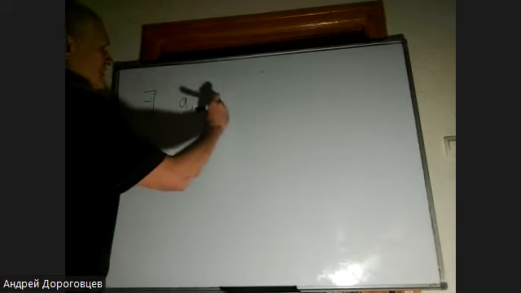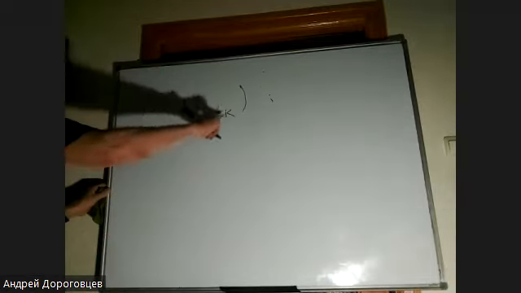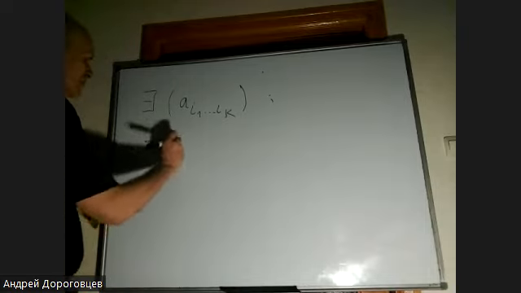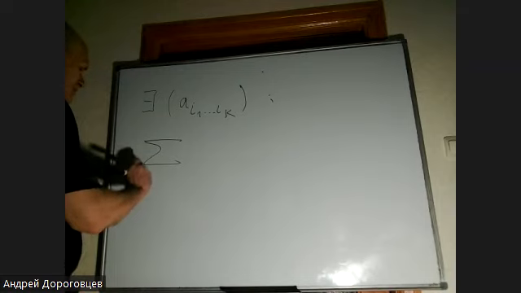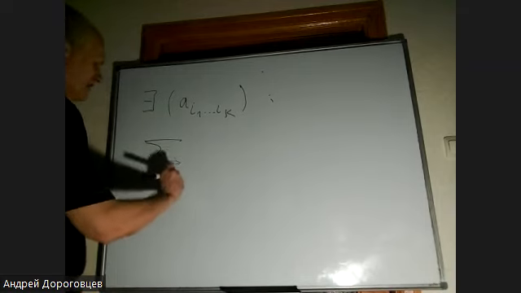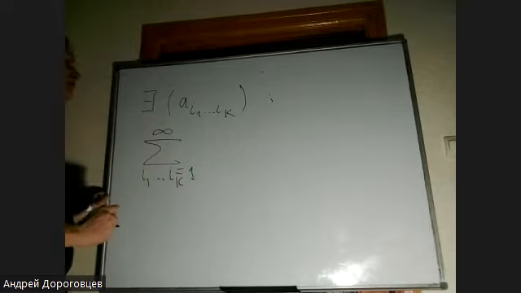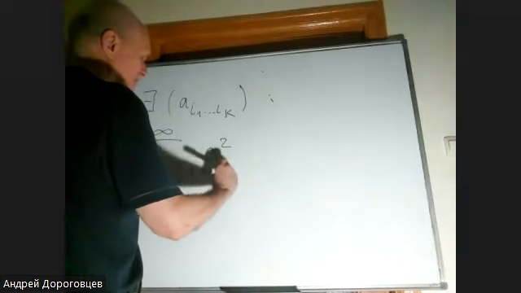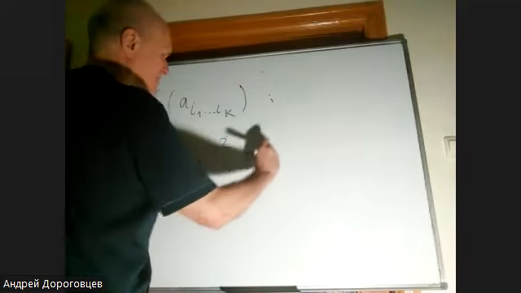It means the following, that there exist numbers a_{e_1...e_k}, which are symmetric with respect to permutations of indexes, such that the sum over e_1...e_k from 1 to infinity of a_{e_1...e_k} squared is less than infinity.